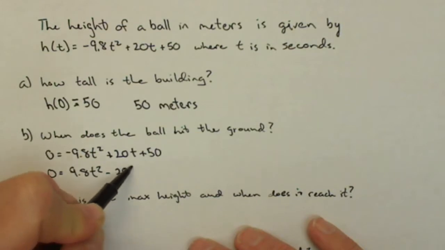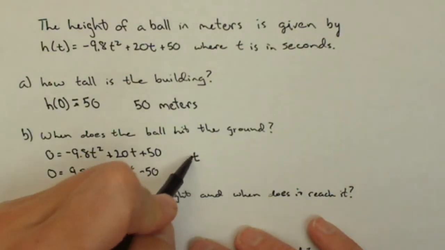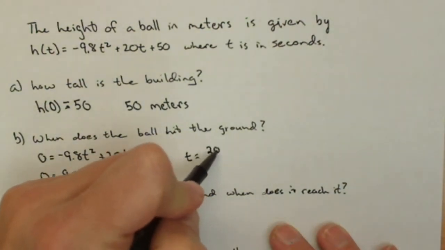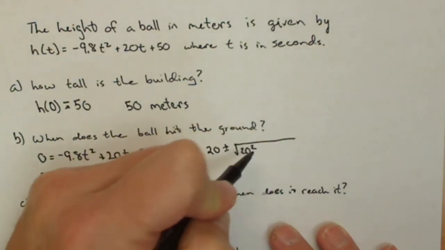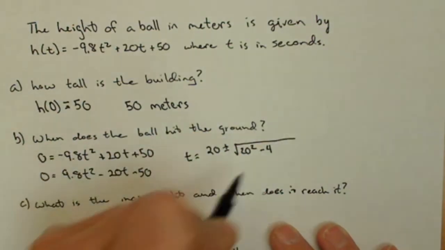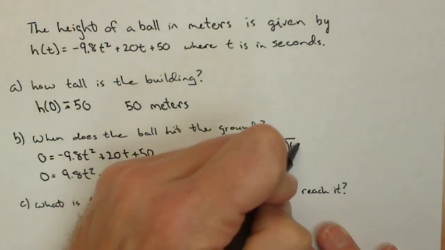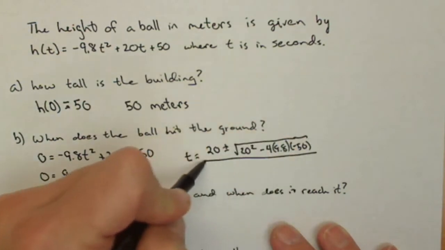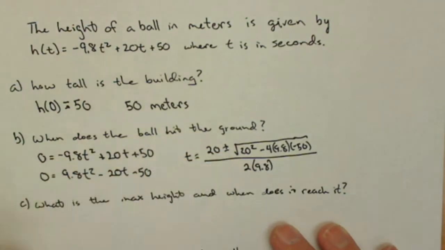It doesn't need to be, just a habit. Okay, and we're going to plug these into our quadratic formula. So now I have 20 plus or minus the square root of 20 squared minus 4 times 9.8 times negative 50. Remember to bring your signs with those. All over 2 times 9.8.